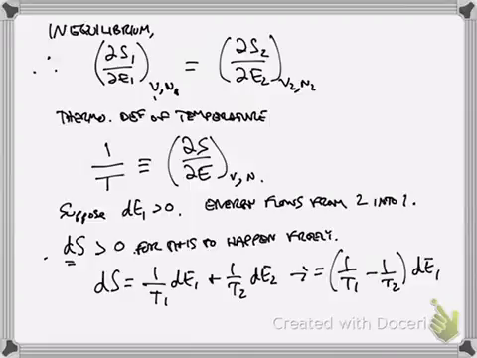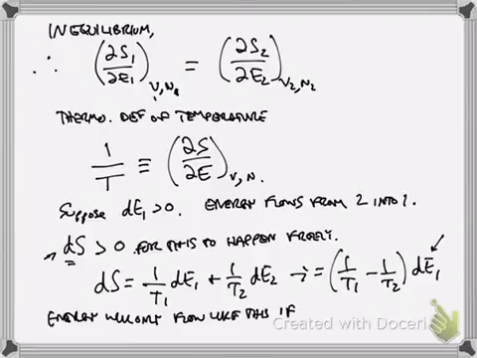And so I said dS is positive, dE1 is positive, so energy can only flow like this if 1 over T1 minus 1 over T2 is greater than 0, or T2 is greater than T1. So this works out. This definition does in fact imply that energy flows from things at high temperature to things at low temperature.